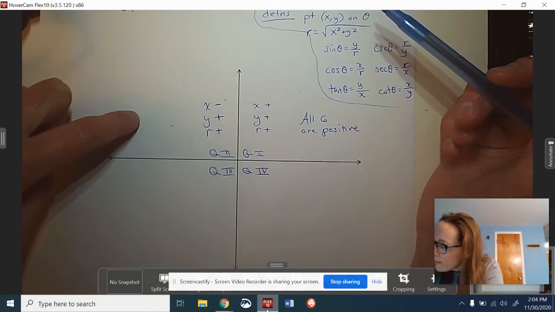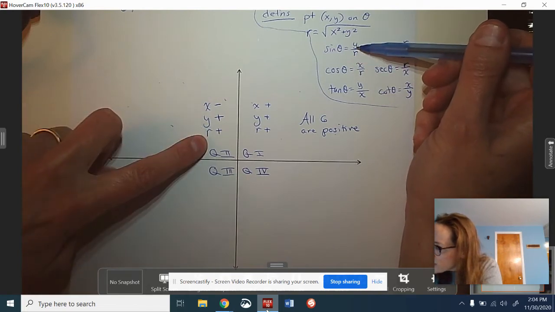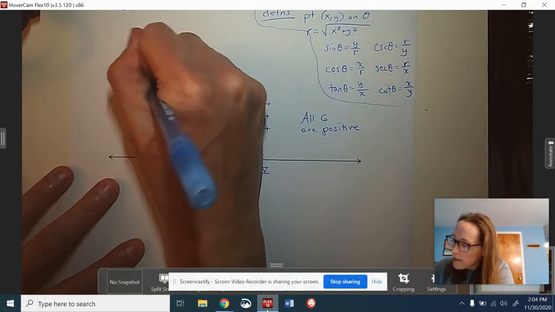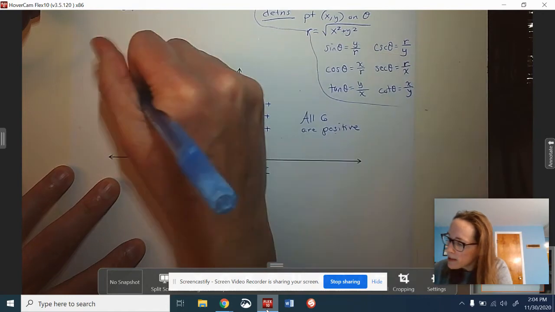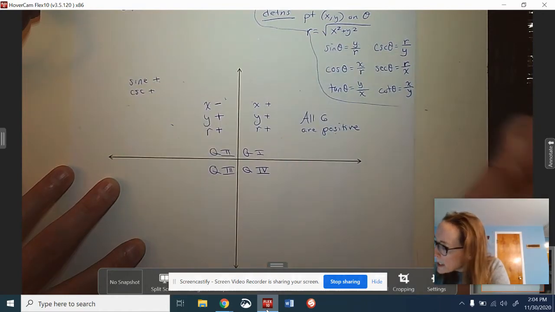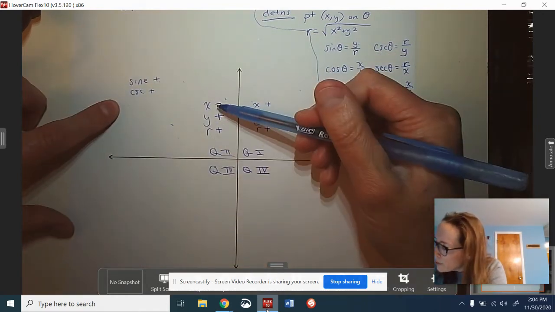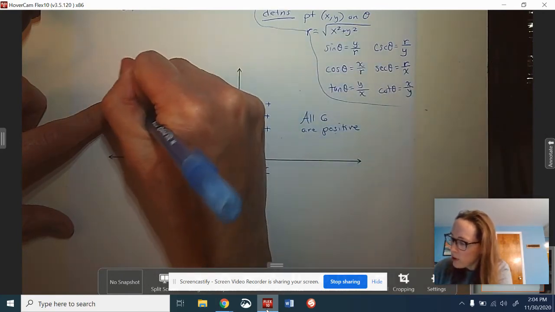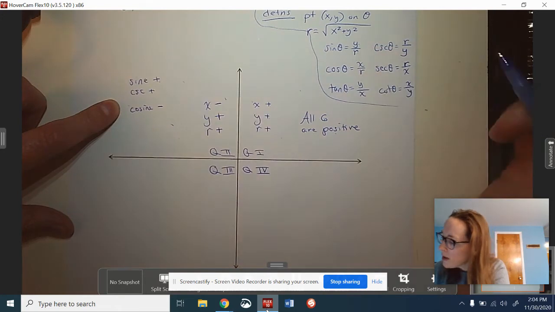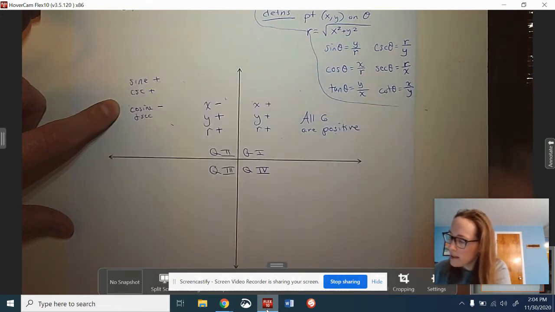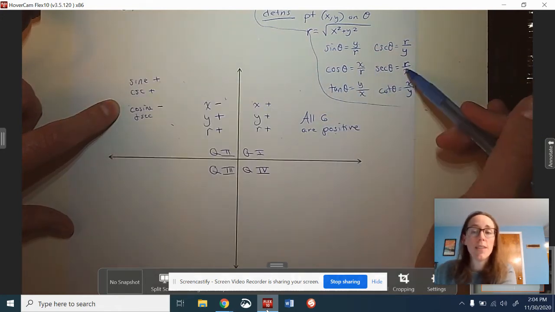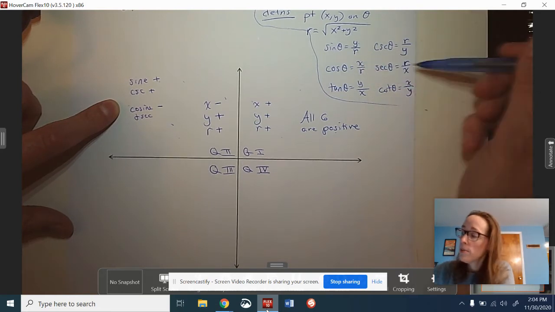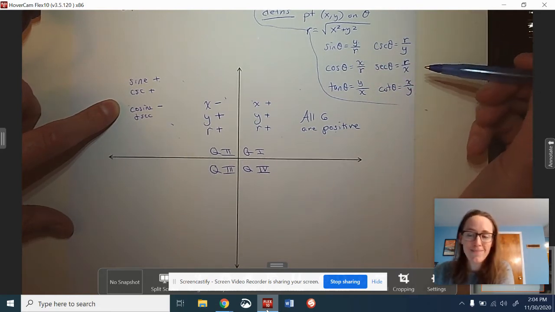Okay, so let's take a look. In quadrant 2, if y is positive and r is positive, then sine is going to be positive. And if sine's positive, so is cosecant. Cosine's x over r. That's a negative over a positive, so cosine is going to be negative, and its reciprocal is negative as well, because if cosine's negative, then secant's negative also, because they're made up of the same pieces, even though they're flipped.